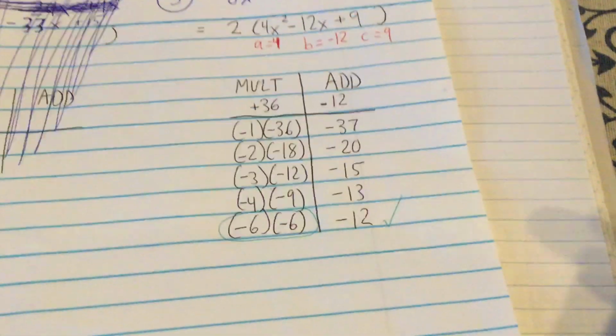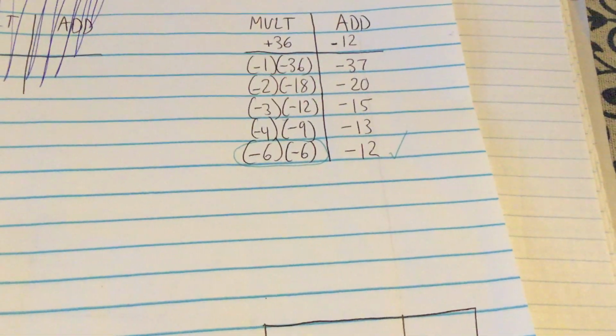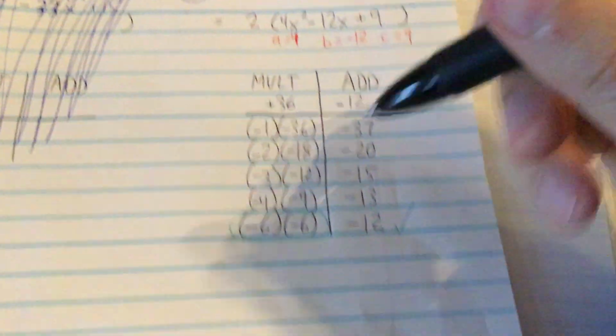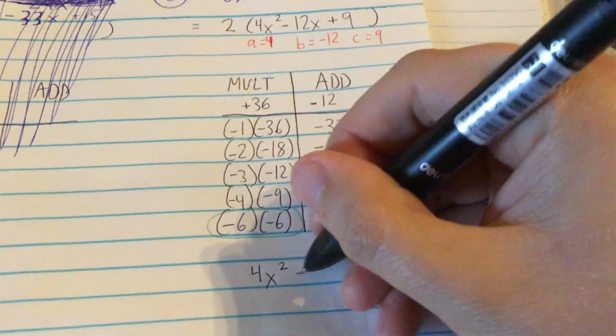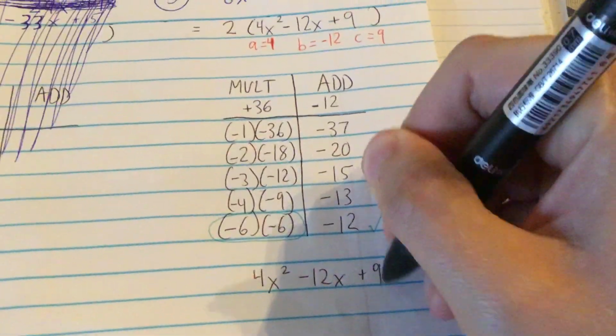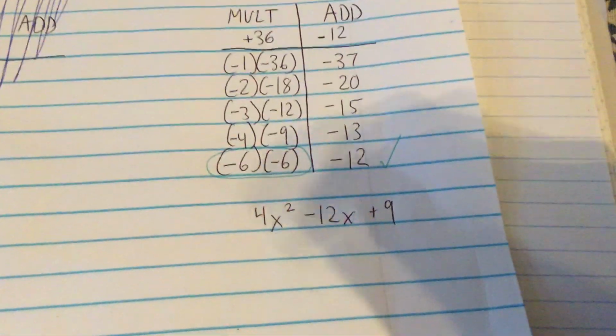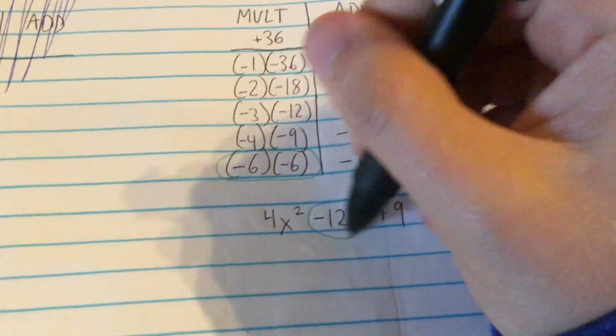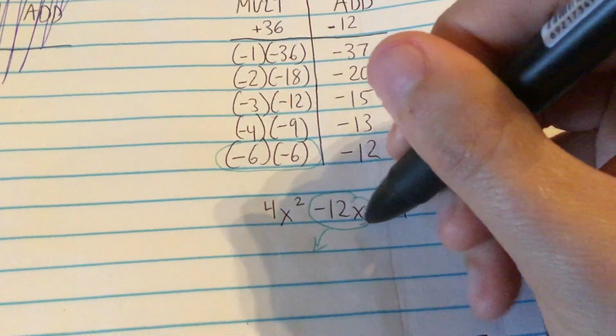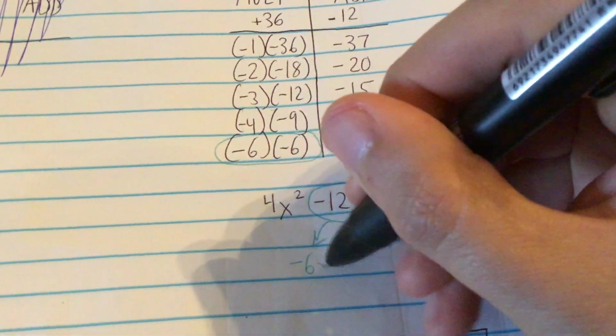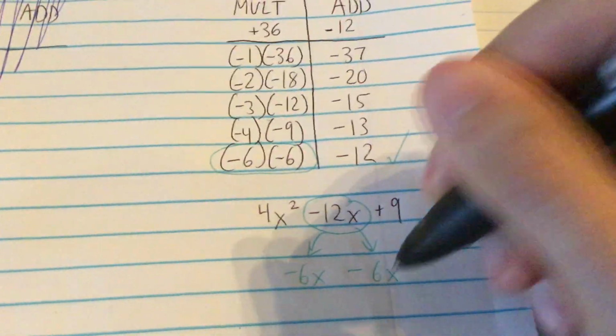Okay. So now I'm going to pull down this factored form of 4x squared minus 12x plus 9. So now that I've got the winning team, the thing that's significant is that they factor into negative 6x and negative 6x.